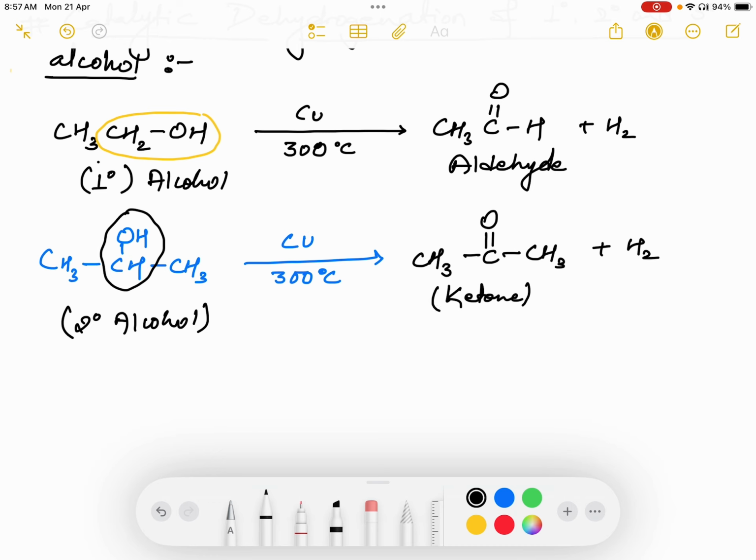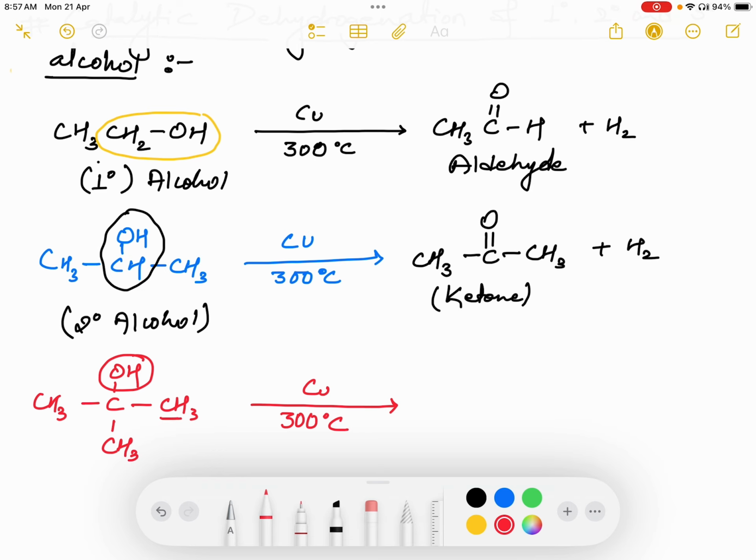And next you have 3-degree alcohol. If we have CH3, C, CH3, CH3, and here you have OH, and it's again being treated with copper at a temperature of 300 degrees C, this OH group and one of the hydrogens from this carbon will move out and it will form alkene, CH3, C double bond CH2, CH3, along with the liberation of water.